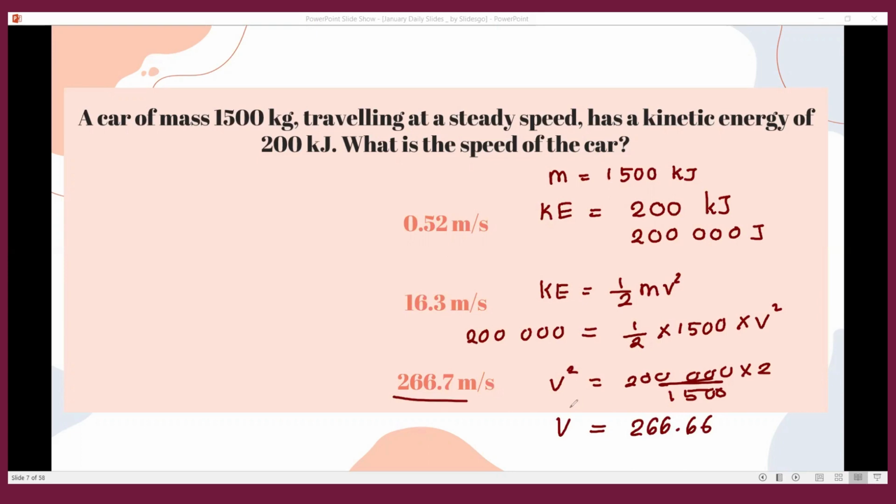Still, we didn't find the velocity. What we have found so far is v squared. So we have to find the velocity by getting the square root of this amount, which is equal to 16.3. Remember, what we are finding here is the velocity, or the speed, so the unit has to be meters per second. And yes, we have the answer among the options.